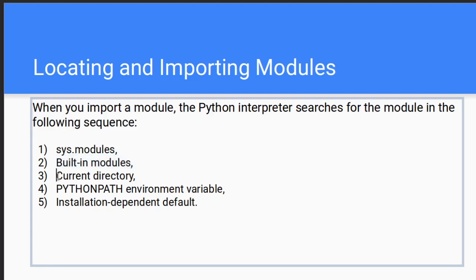And if not, it'll look for the module in the directory of the init script, or the current directory if you're in the interpreter like we are. If not found in any of these three, then the fourth option is to look at the PYTHONPATH environment variable. That should be a string to tell it where to look. And if all else fails, it will be the installation-dependent default, like on Linux, /usr/local/bin, or it will be different depending on your operating system.